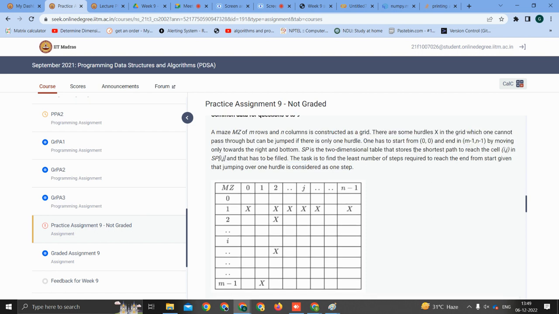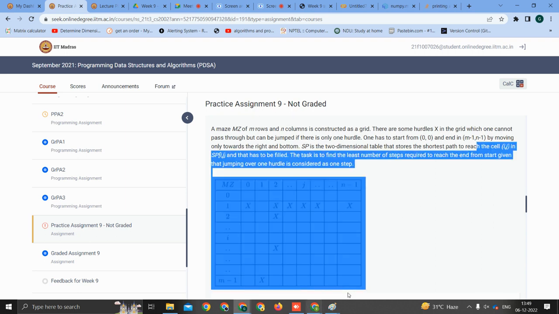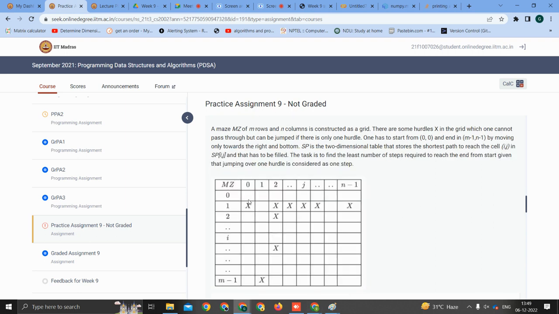One has to start from 0, 0 and end in m minus 1, n minus 1, the top left point to the bottom right point, by moving only towards the right and bottom. So SP is a two-dimensional table that shows the shortest path to reach the cell in SPI.